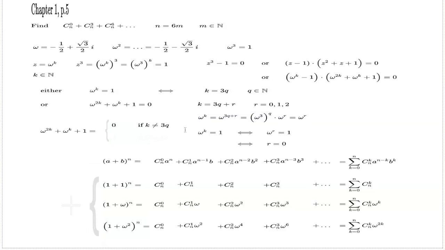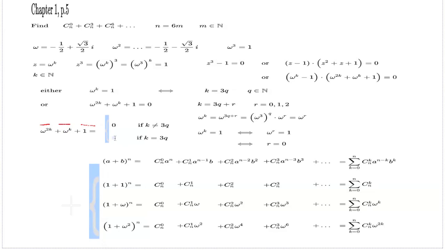Now, what happens if k is a multiple of 3? We know that omega to the power k is 1, but what happens with this expression? If omega to the power k is 1, then we have 3 identities here. This is 1, this is 1, and this is 1.